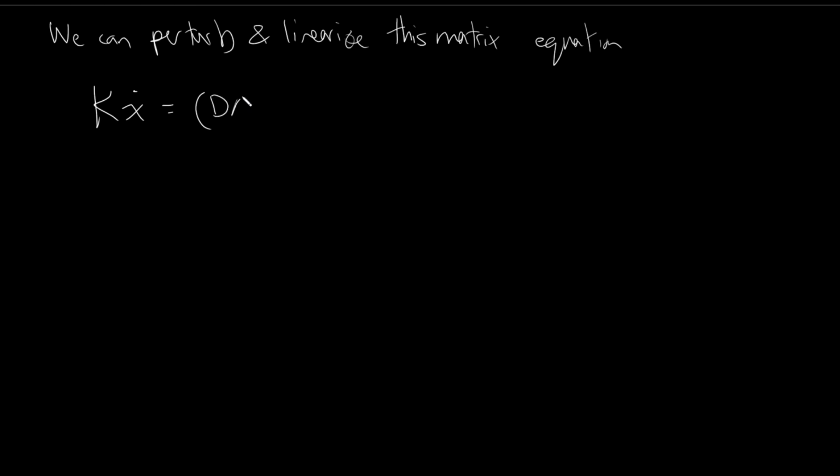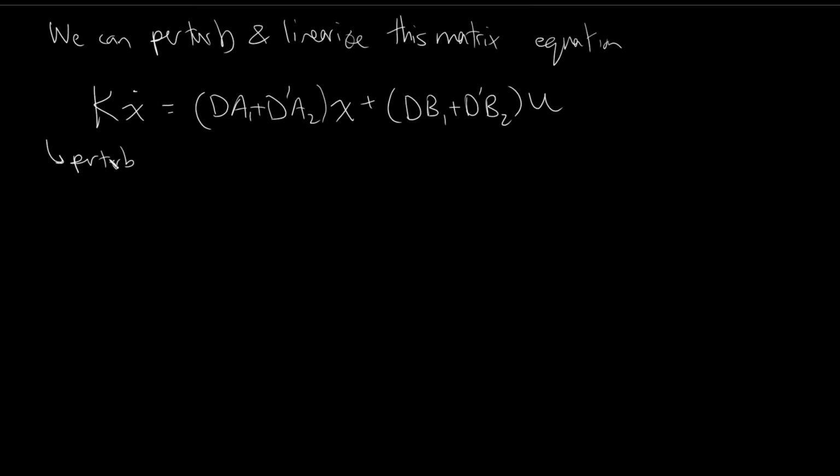So we have d a1 plus d prime a2, right? So this is like our a vector times x plus d b1 plus d prime b2 times u. This is our b vector. Now let's perturb it. If we do that, what does that mean?